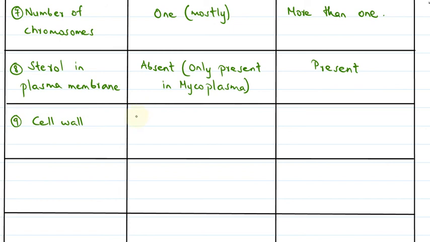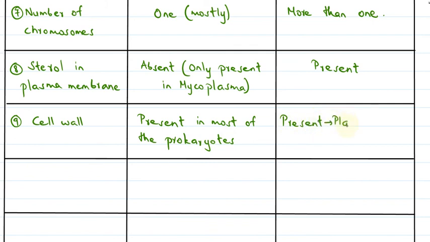So it is present in most of the prokaryotes, but the cell wall in case of eukaryotic cell, it is present in plants, it is present in fungi, but it is absent in case of all the animals.